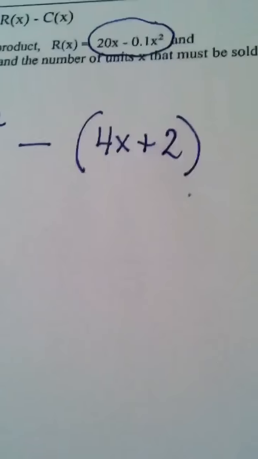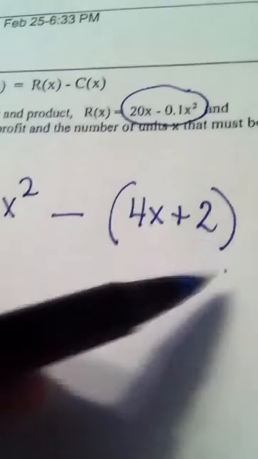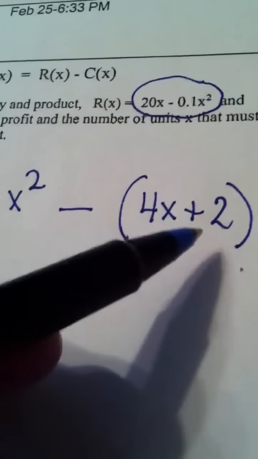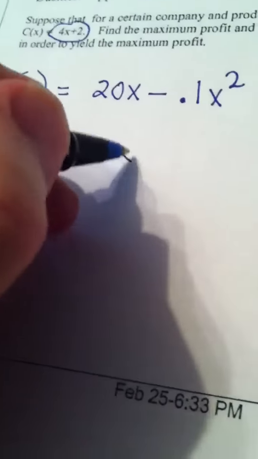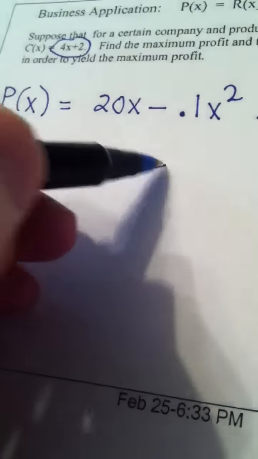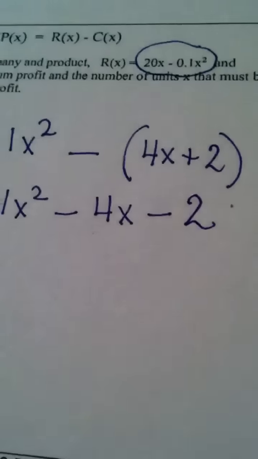Now notice I'm putting the cost function in parens because the entire thing is being subtracted. So, P of x is equal to 20x minus 0.1x squared minus 4x minus 2. Okay?